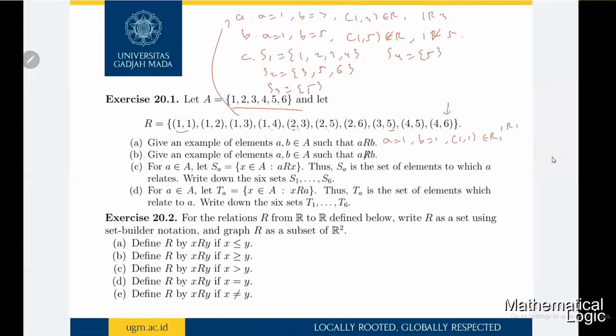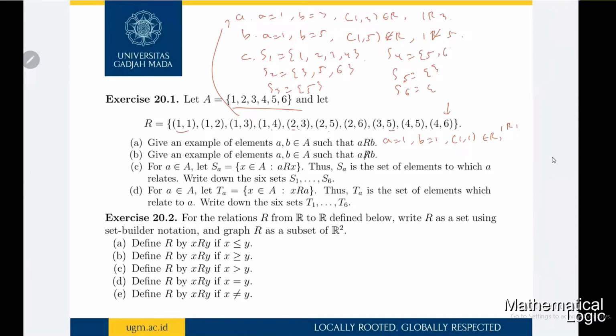And then S4, S5 and S6. And S5 is empty, because 5 is not related to anyone from 1 to 6. So S5 is empty, and S6 is also empty. Hey, wait, S4 is 5 and 6.